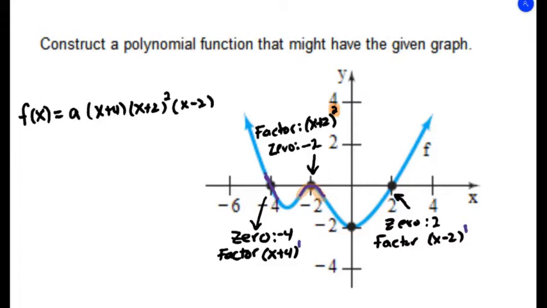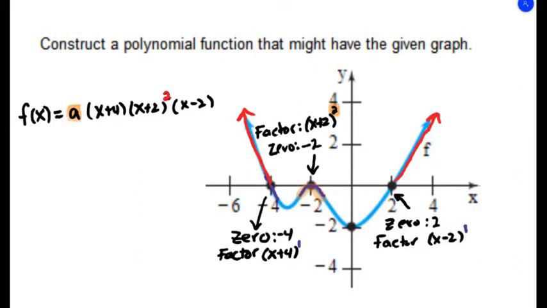Now, one other piece of information that we could glean from this is the sign of our leading coefficient. And we can figure that out based on the end behavior. So looking at the end behavior of our graph, we have both of our ends going in the same direction, and that matches with the degree that we've come up with here.